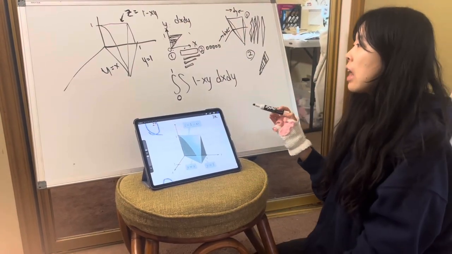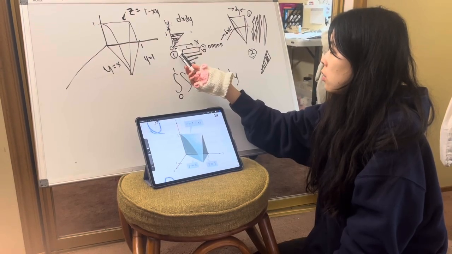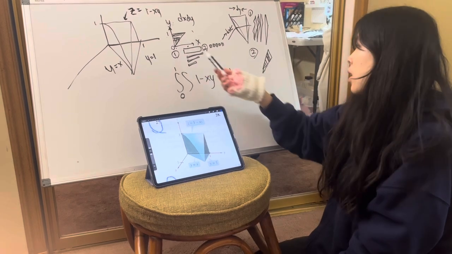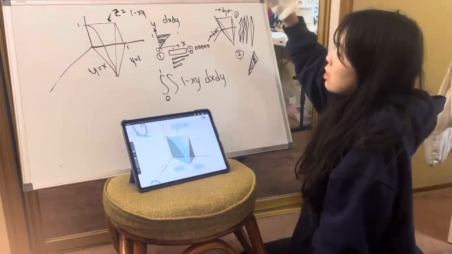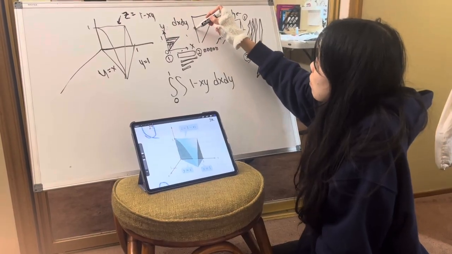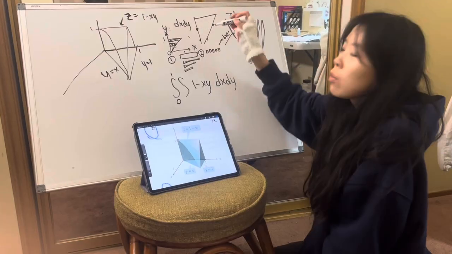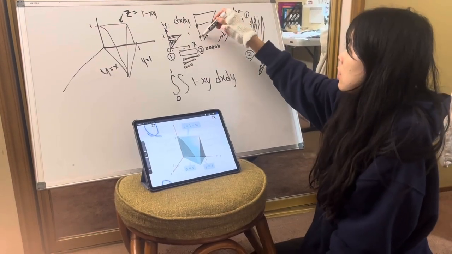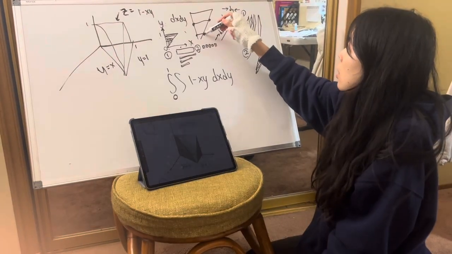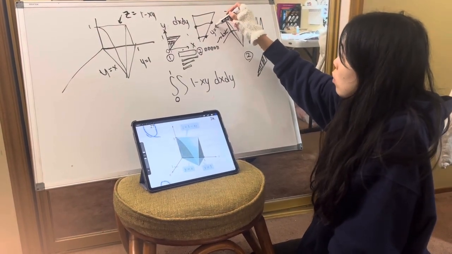So we can see that for the x, it goes from 0 to y. And that's because it goes from, let me draw it a little bigger, this point to this point. This is what the x goes from, right? This point here is 0. This point here is the line y equals x.